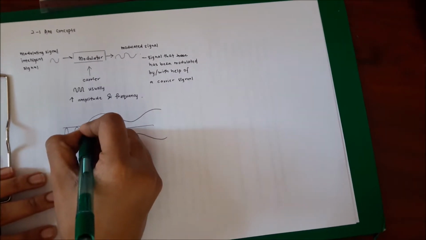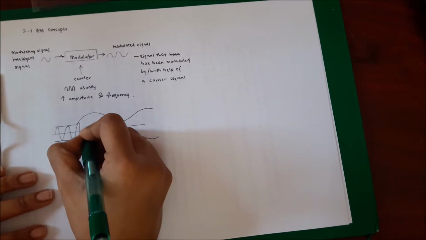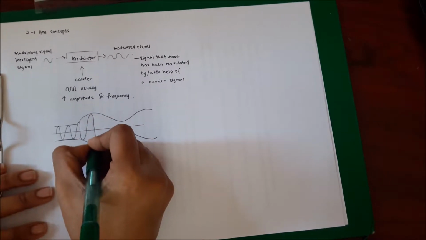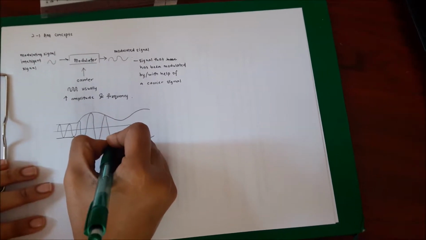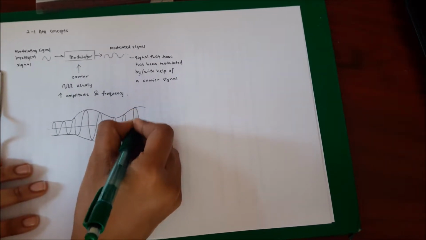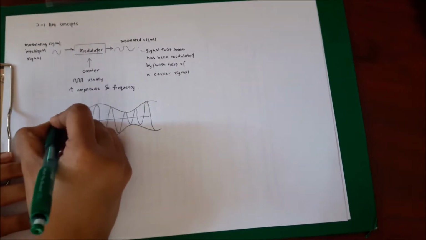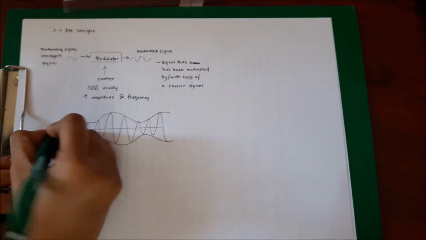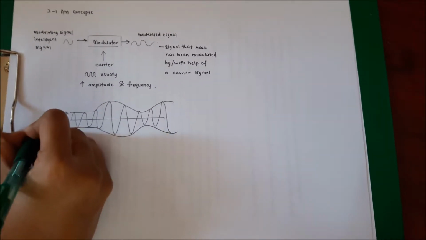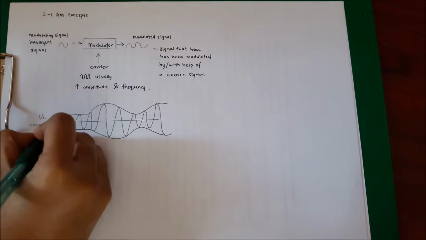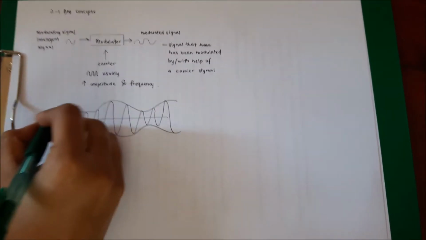This part here goes something like that. This is your VC, or in other words, you can see it as the carrier voltage or signal voltage.